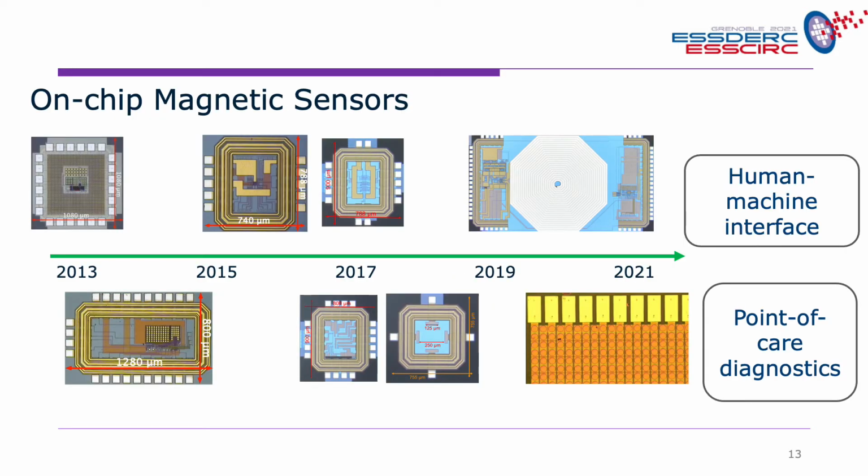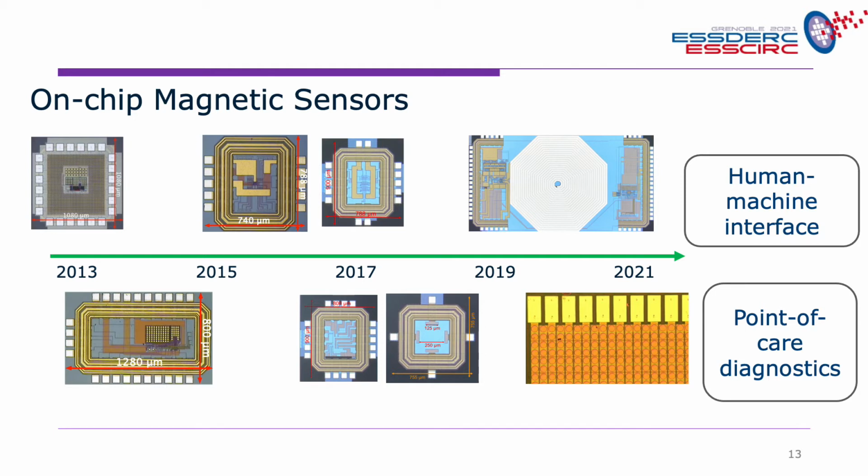Just for example, over past years in our group, we have developed different types of magnetic sensors on chip. That includes Hall sensors, tunneling magnetoresistive sensors, GMR sensors, and NMR, nuclear magnetic resonance.